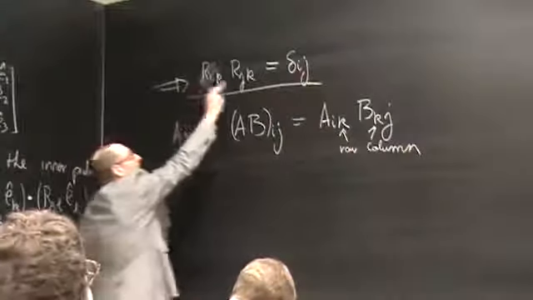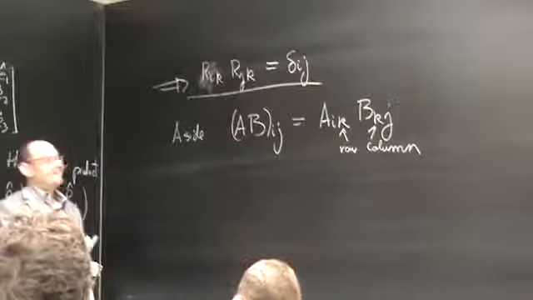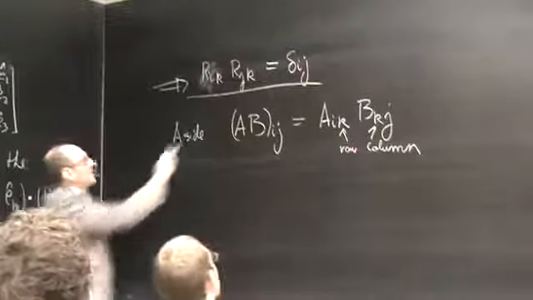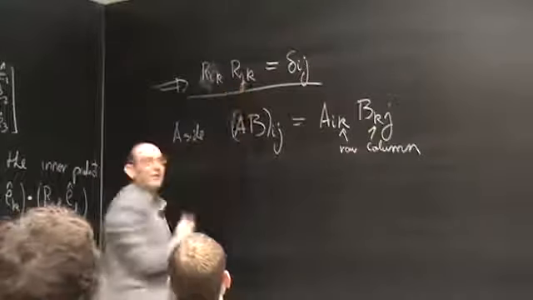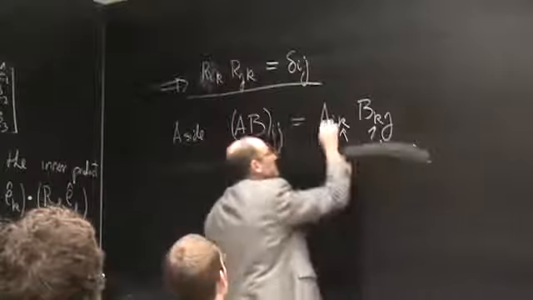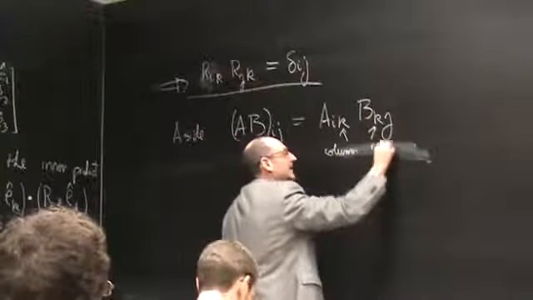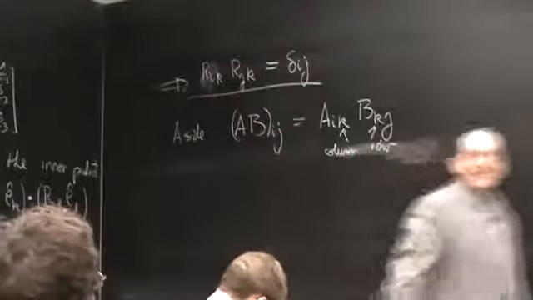So this is not written as matrix multiplication yet, because I'm summing a row with a row, or I mean a column with a column. Actually, this is row, column, row.